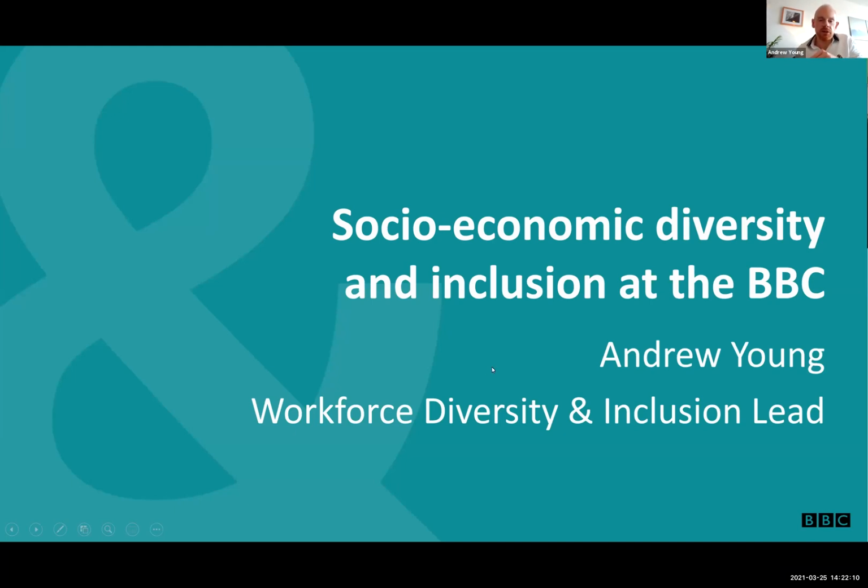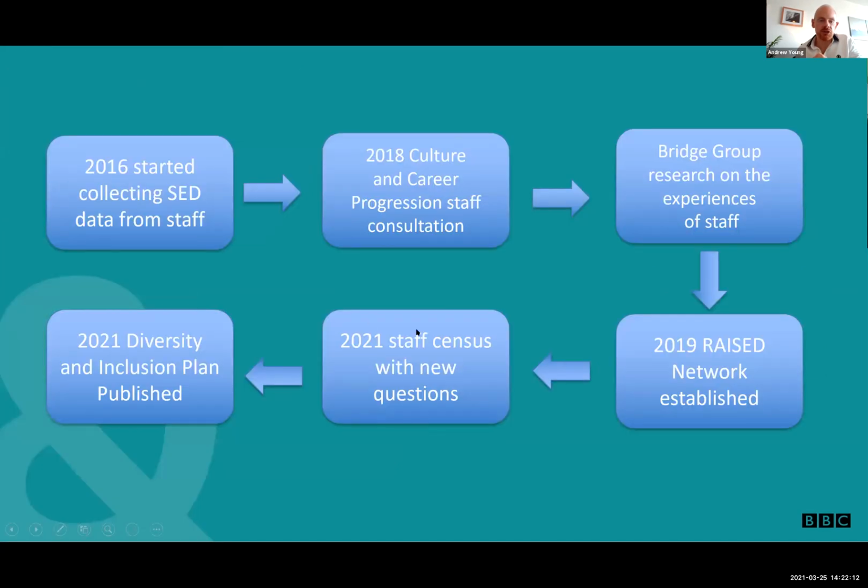We started our socioeconomic diversity journey back in 2016, and it was at a time we had just published our diversity strategy, and there was no mention of socioeconomic diversity in that strategy, but we quickly saw that it was an area that as employers we needed to look at.